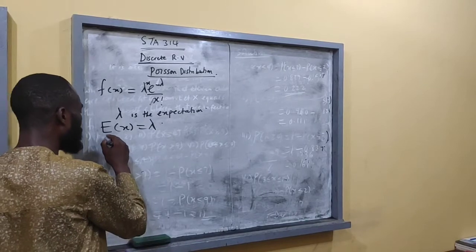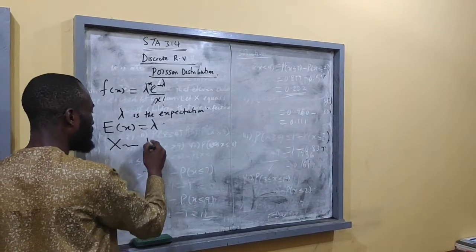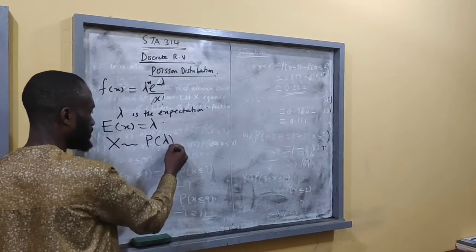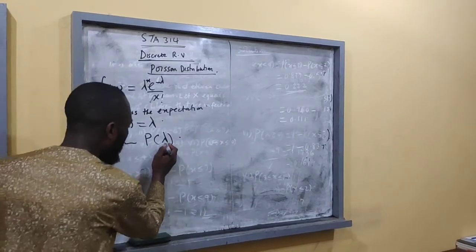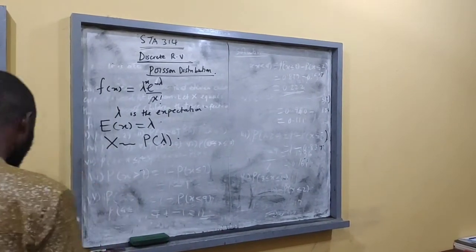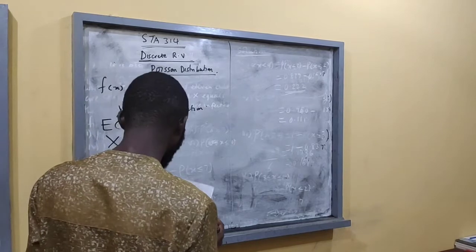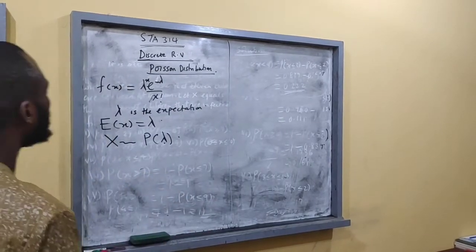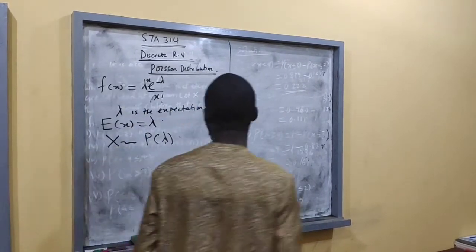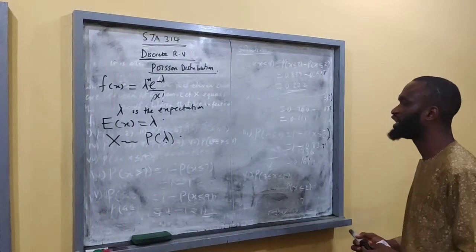Also, Poisson distribution can be expressed in this form: P lambda, in which this lambda denotes the expectation of the Poisson distribution. Now with all these parameters, we can look at how to apply it to solve questions.